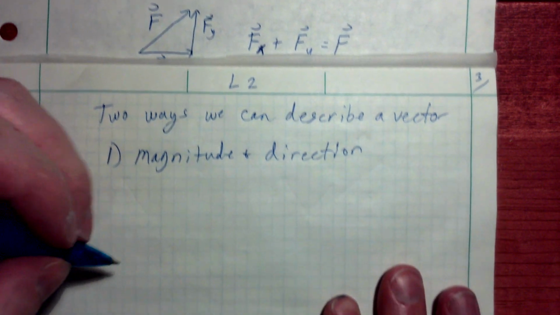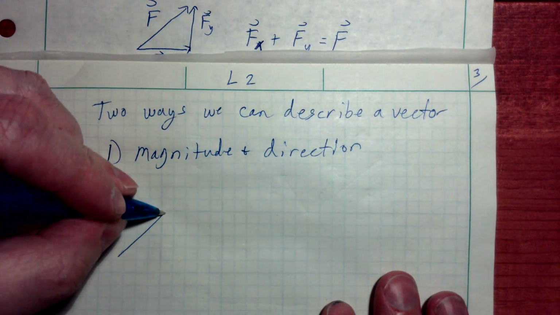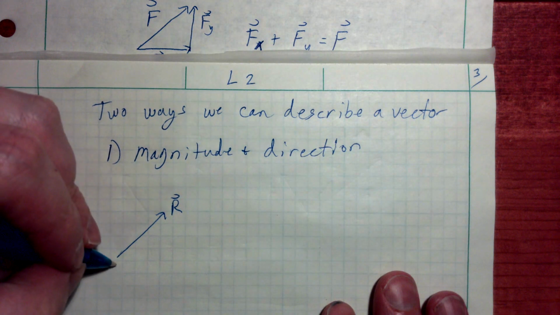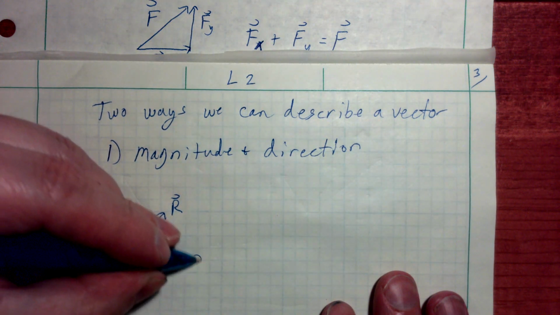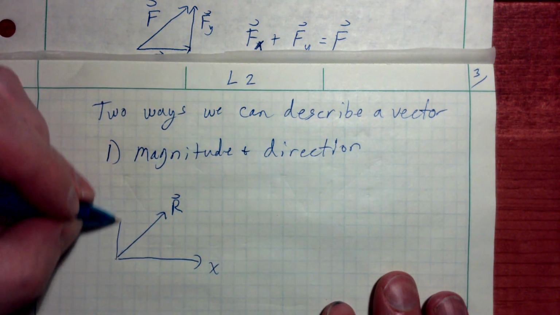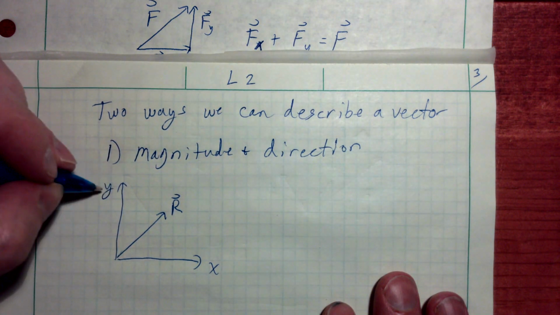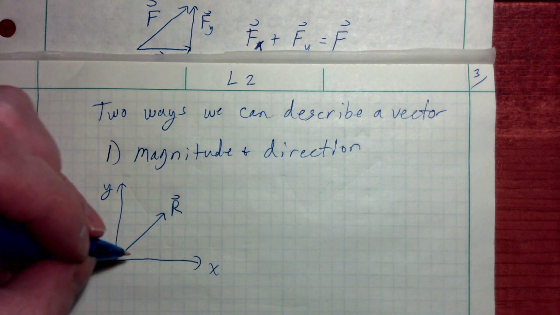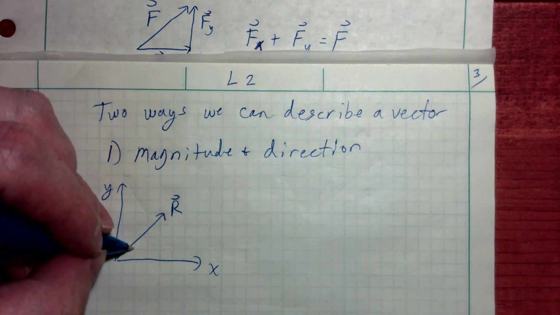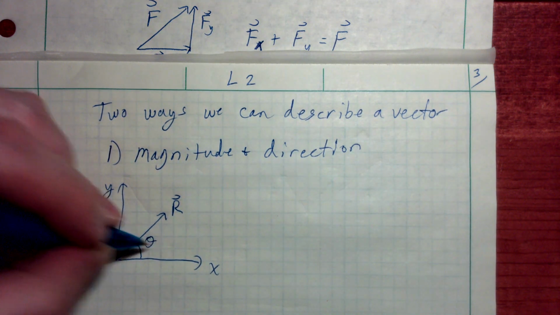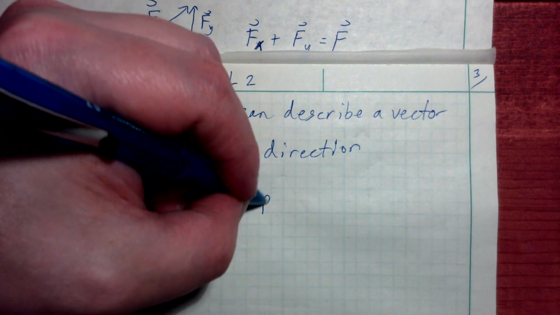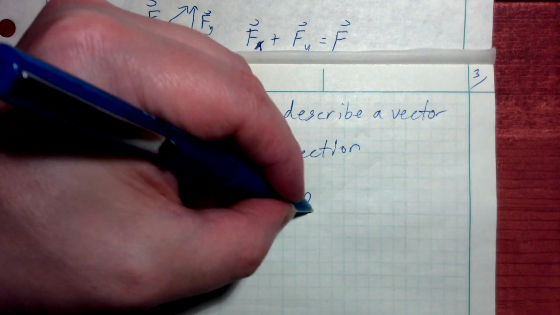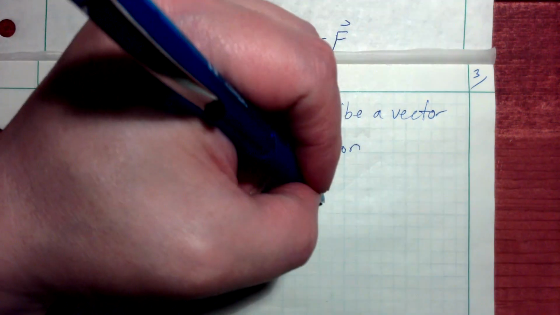So if I have some resultant vector here, and if I plot it in an xy plane where I draw the resultant originating from the origin, x0, y0, then I can define this vector by what we call its magnitude, which sometimes we just simply write as r without a hat.